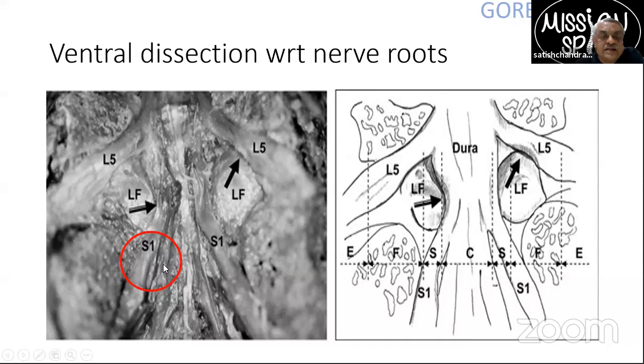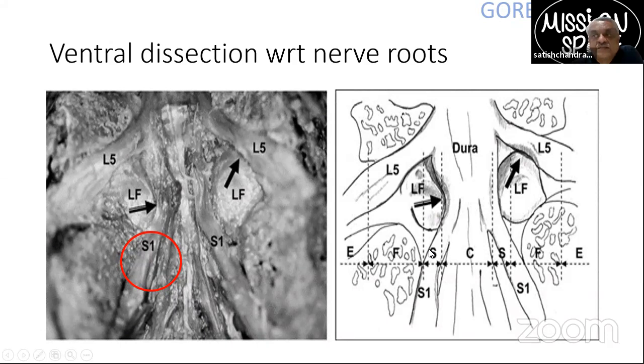And you can see this red circle, which is the lower part of the foramen, or the lowest part of the foramen, where there is a start of the lateral recess. And the LF is the ligamentum flavum, which will involve the nerves, one here, that is just on the inner border of the exiting nerve, and the second will be on the inner border of the inferior facet, this LF, okay, which is shown here.